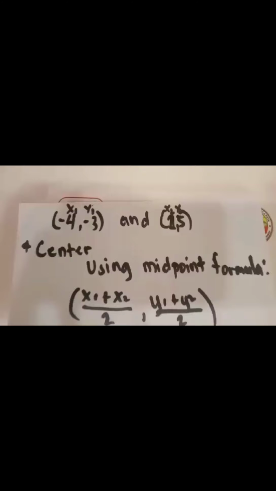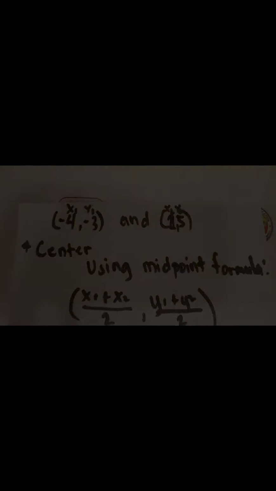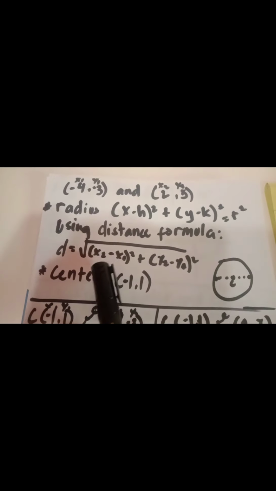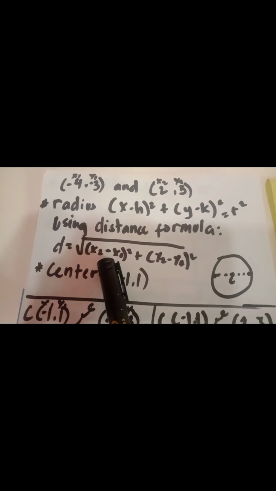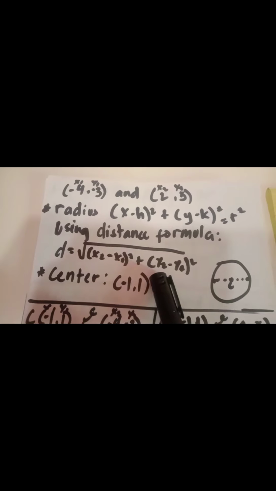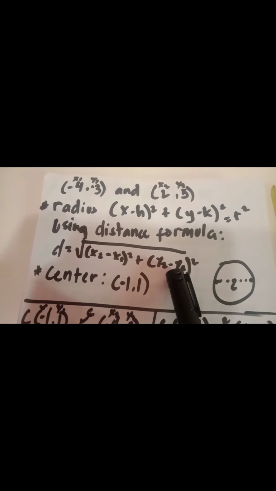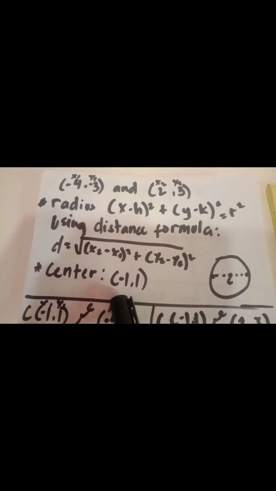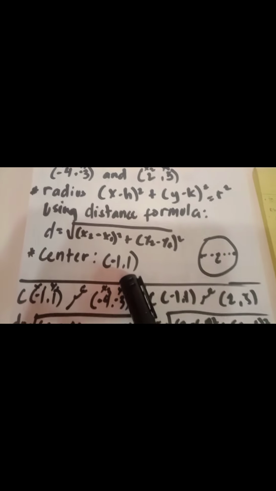So, our distance formula is x sub 2 minus x sub 1 squared plus y sub 2 minus y sub 1 squared. Ang center natin is -1 and 1.